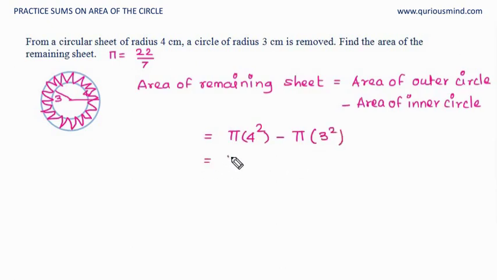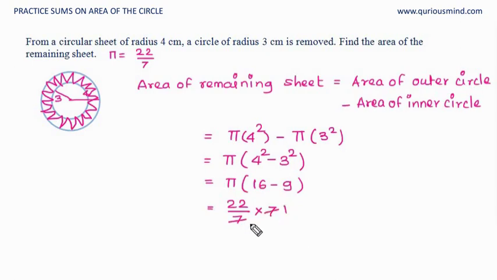If I take pi common, what I get is 4 square minus 3 square. So that is equal to pi, 4 square is 16 minus 3 square is 9, and pi, which is 22/7, multiplied by 16 minus 9 is 7. 7 1s are 7, 7 1s are 7.